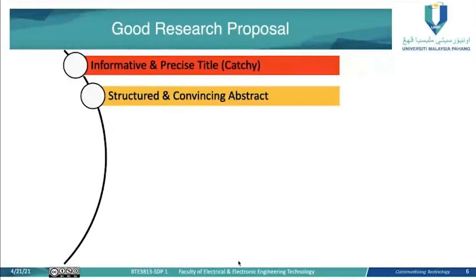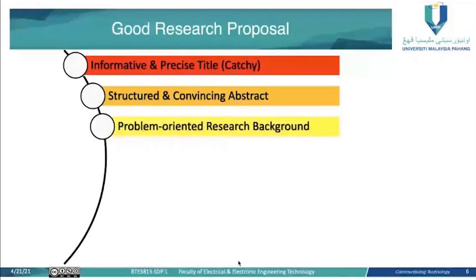Then the problem-oriented research background. The research background is the first part in your thesis. It is section 1.1 in Chapter 1. So people, after they read the abstract, for example, and go to the conclusion sometimes to compare the result and the open issues in your research, they return back to your research background.